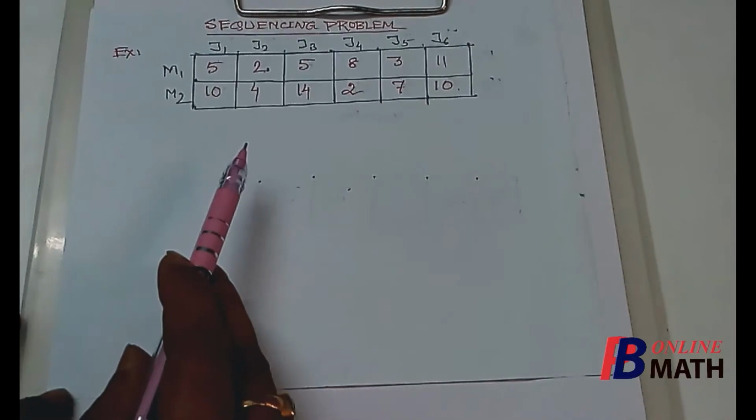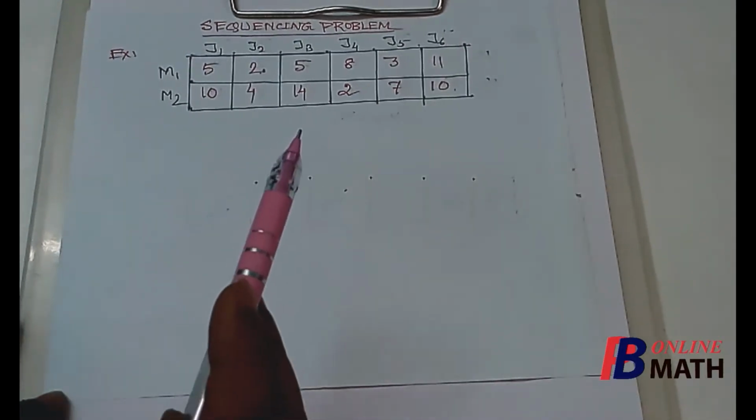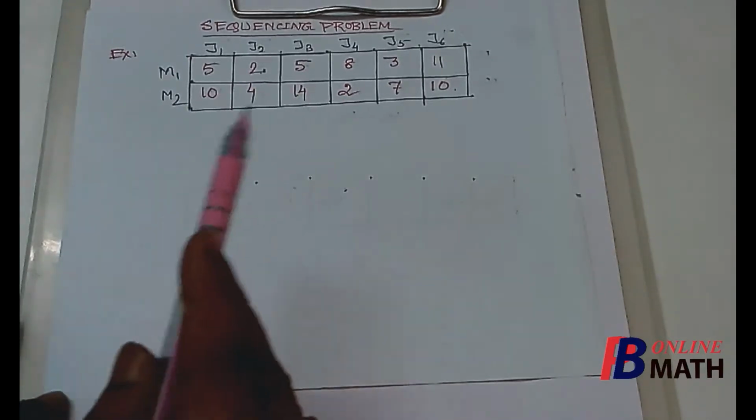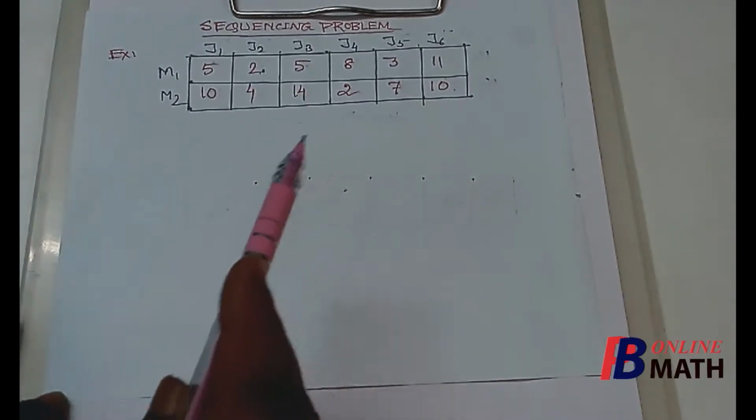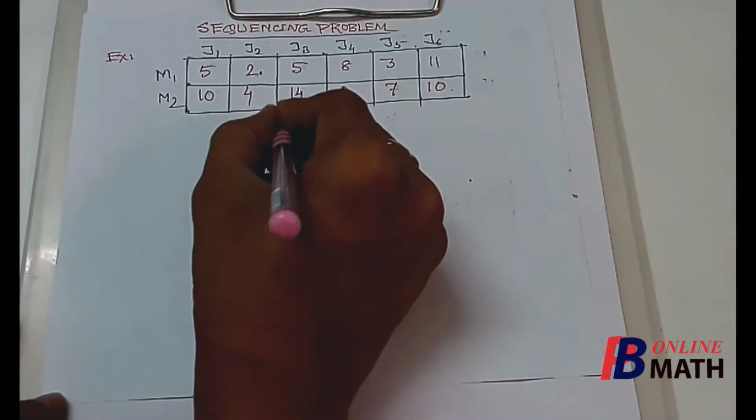So in this part we shall consider one example having n jobs and 2 machines. We consider this example which has 6 jobs on 2 machines, and the processing times for the jobs on the machines are given in this table. Suppose that the machine order is M1 to M2.